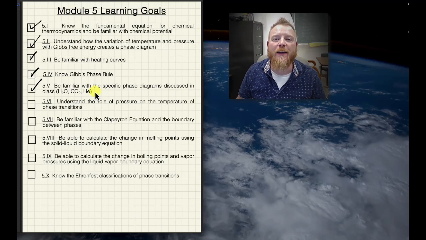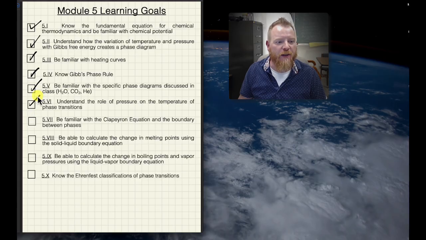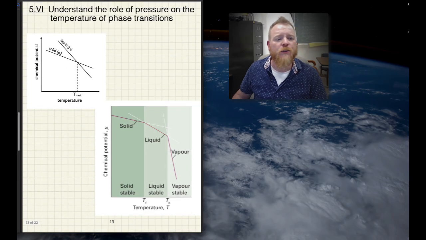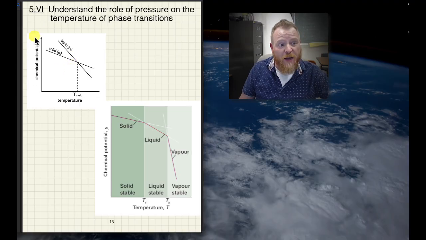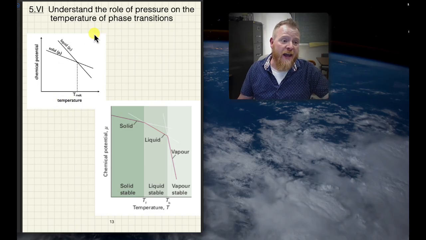Okay, so now we're gonna come back to more of our mathematical description of phases and get a little bit more detailed in understanding the role of pressure on the temperature of phase transitions. Recall at the beginning of this module, we talked about a graph of chemical potential versus temperature, and the slope of that is the negative entropy.